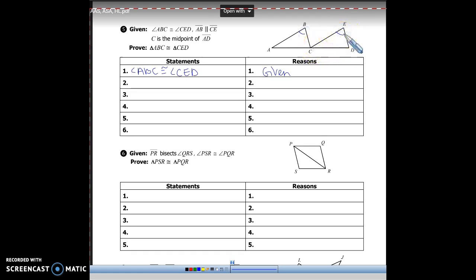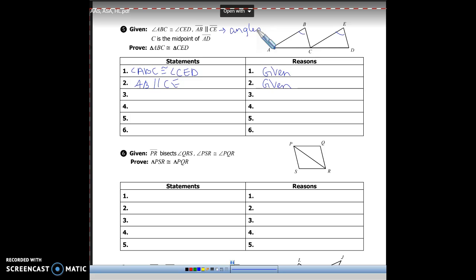Okay. We also know that we have a set of parallel lines. AB and CE are parallel. Okay, so AB is parallel to CE. That's another given. Remember, parallel lines give me more angles.